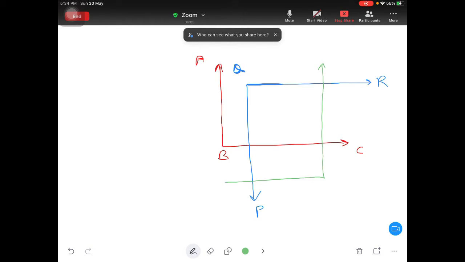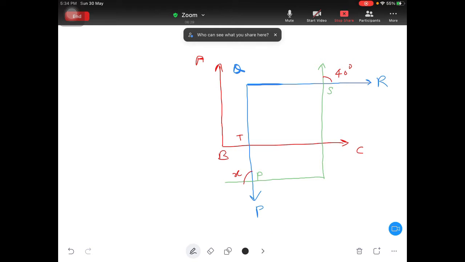This is your intersection S, and this is the intersection P, and here we have angle X, and here we have angle 40 degree, and then this intersection is T.